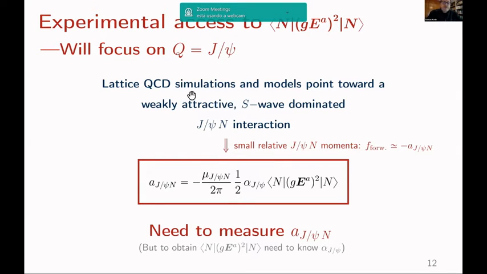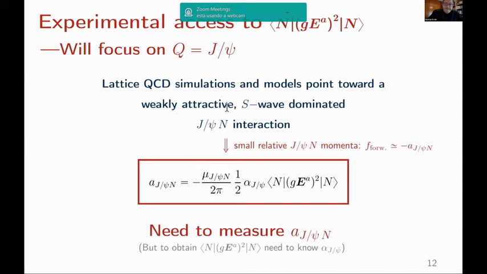So what do we know about the J psi nucleon interaction? We know a little bit. Lattice simulations, not the most precise lattice calculations, together with models too, indicate that this interaction is weakly attractive and S-wave dominated.